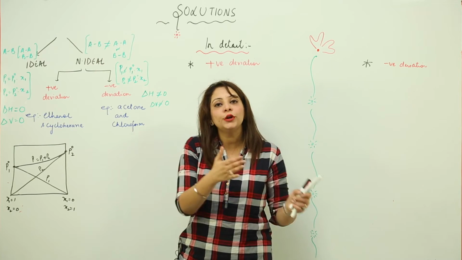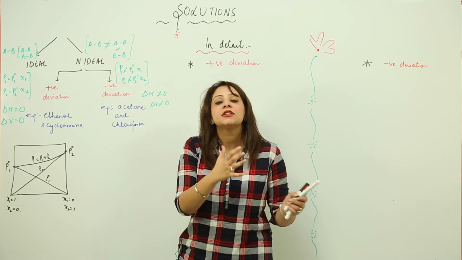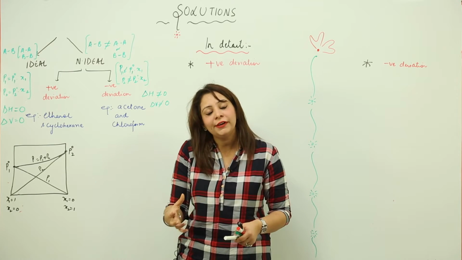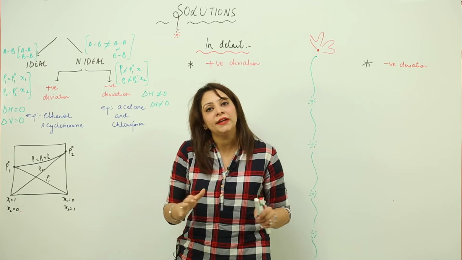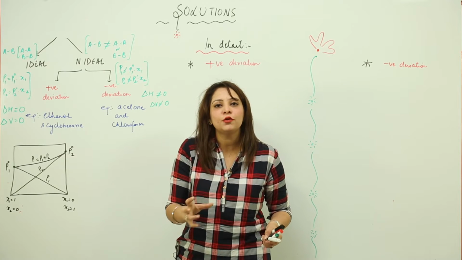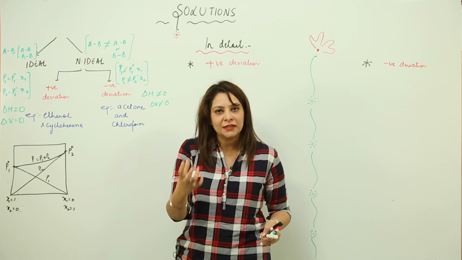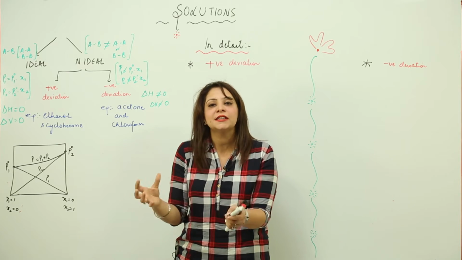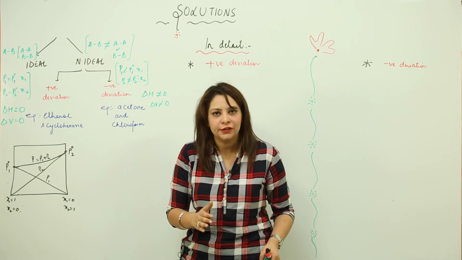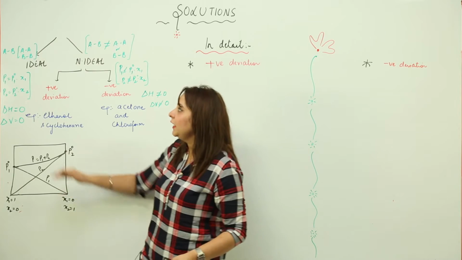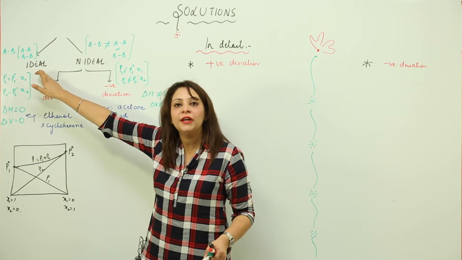The interaction between solute particles is different, the interaction between solvent particles is different, and the interaction between solute and solvent is different. So, that means the attractive forces between the solute and solvent particles, and between the solute particles and the solvent particles, are somehow different from each other. So, that means this ideal solution is going to obey Raoult's law.